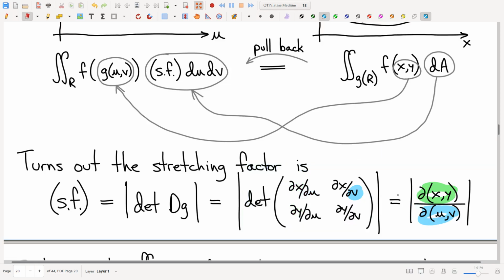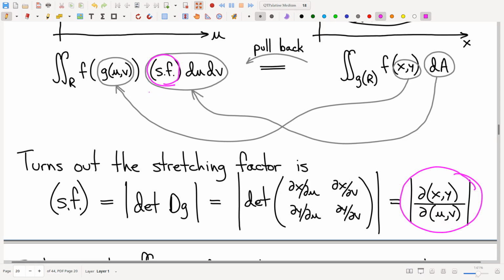So now, last thing before we get our hands dirty and do an example, what is the advantage of writing it like this? Let me write this down.